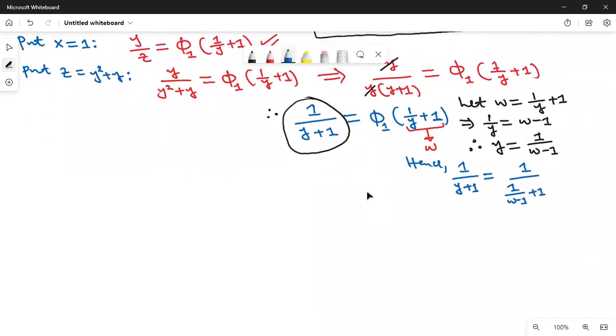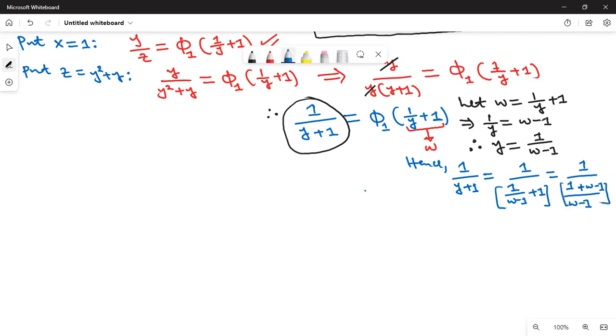When you simplify, this you can also write as 1 over, look at the denominator, I need the LCM in the denominator. So we'll have 1, here we'll have w minus 1, that's our LCM, then plus w minus 1.